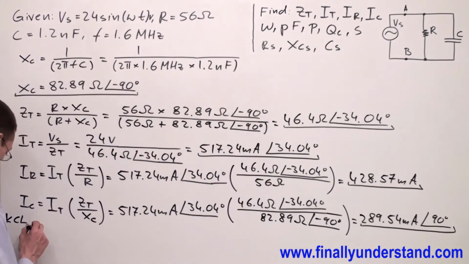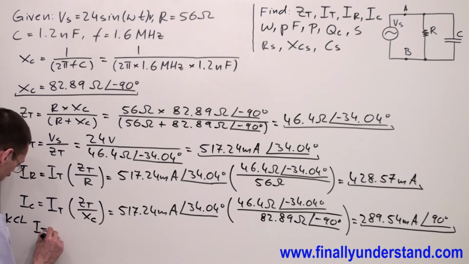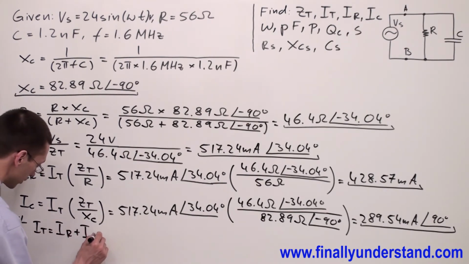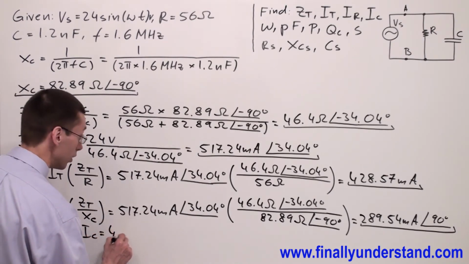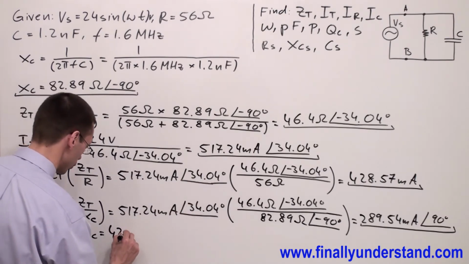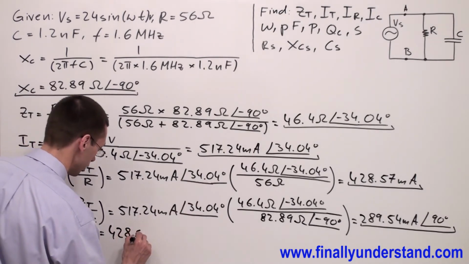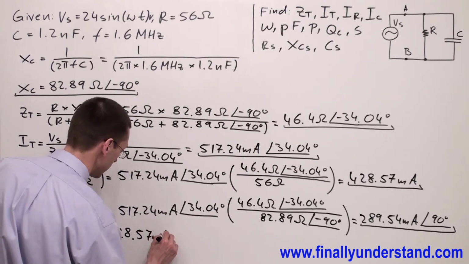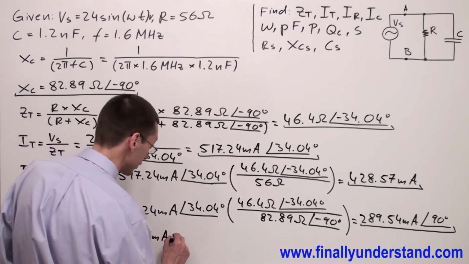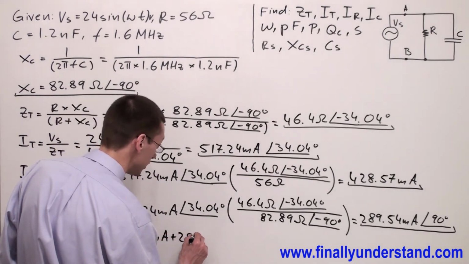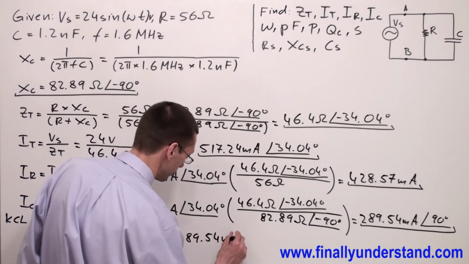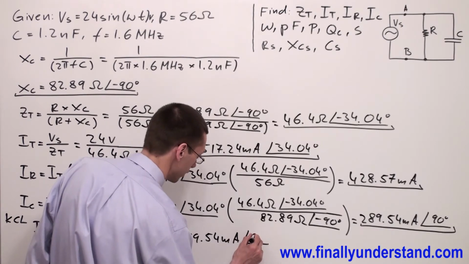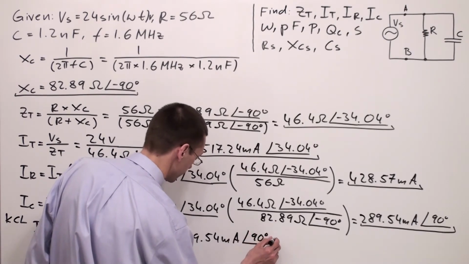So I have to write I total is equal to IR plus IC, where IR is equal to 428.57 milliamps plus 289.54 milliamps and angle of 90 degrees.